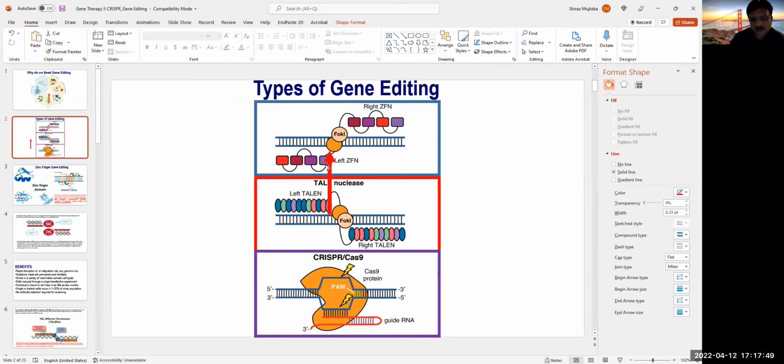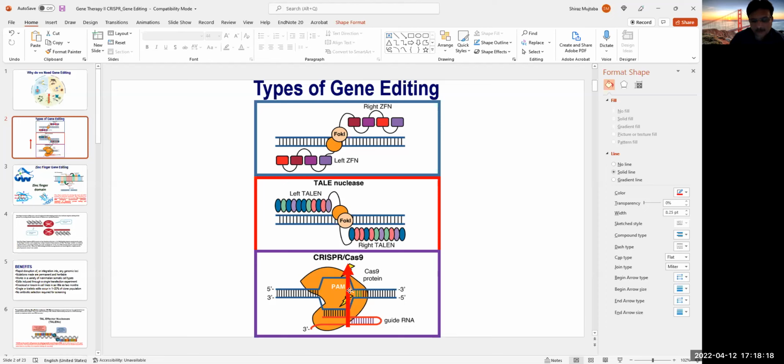So these two are still at a lab stage. People are trying to understand or use them, but with the discovery of CRISPR, maybe around 2012 or 2013, it is being very, very effectively used, being very popular and being used worldwide. It has a lot of potential to edit a wrong gene.